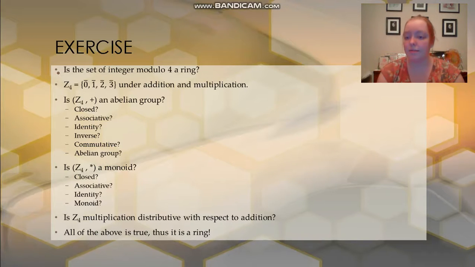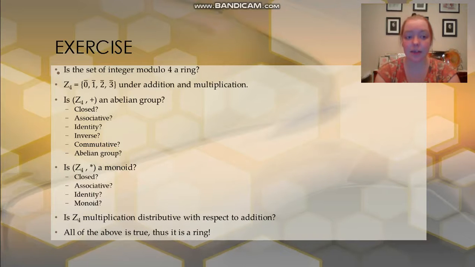Does it have an inverse? Does each number have a number in the set that takes it to the identity element of 0? Yes. This one's a little more complicated, and we walked through it beforehand. So let's take 1 for example.